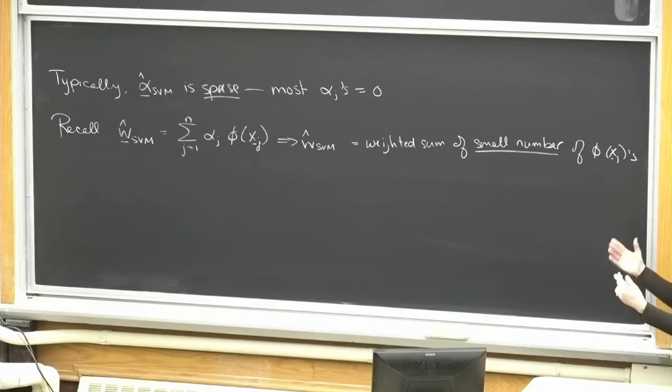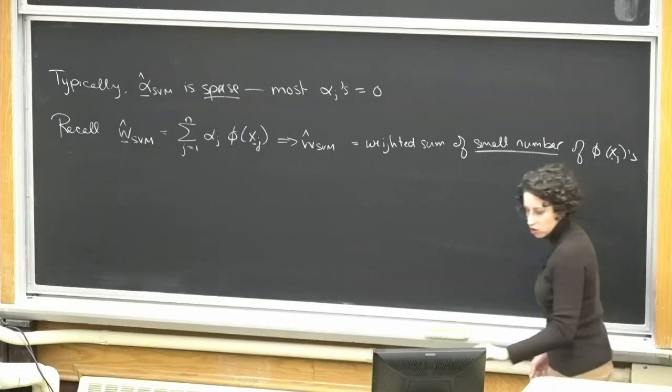Okay, so we've said all along it's a weighted sum of all n of them, but most of those weights are 0. There's only a small number that are non-zero. And so what are they?